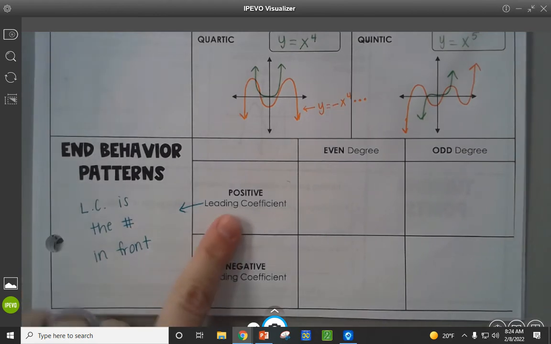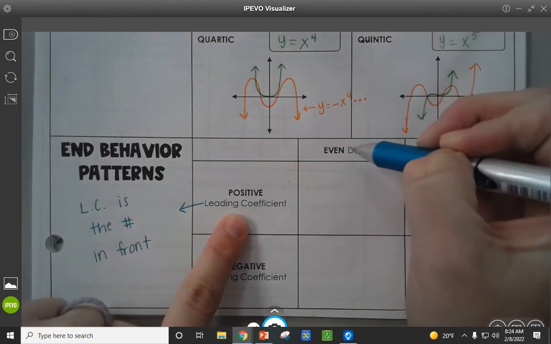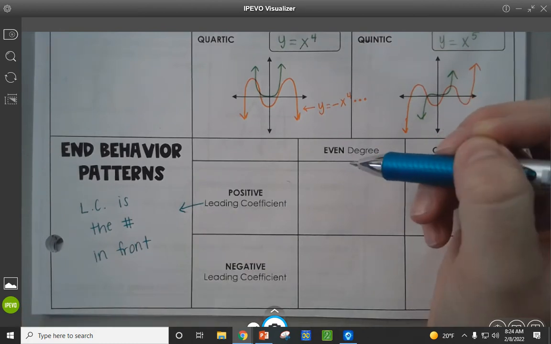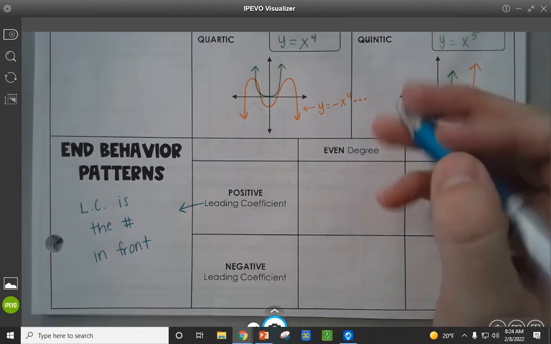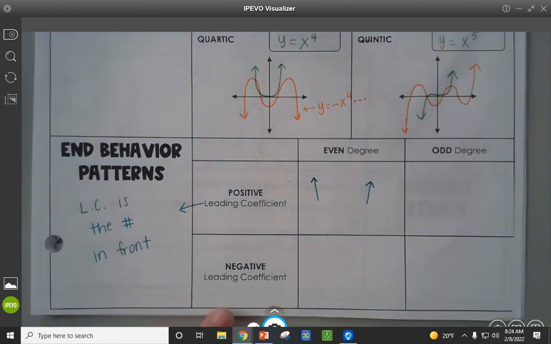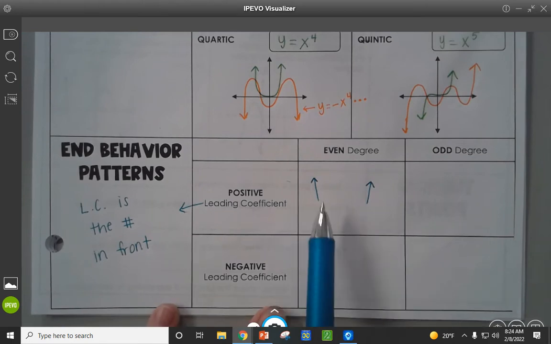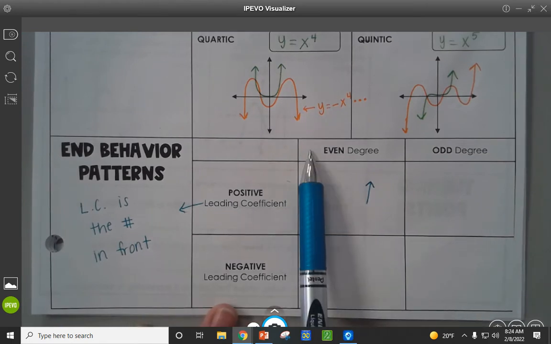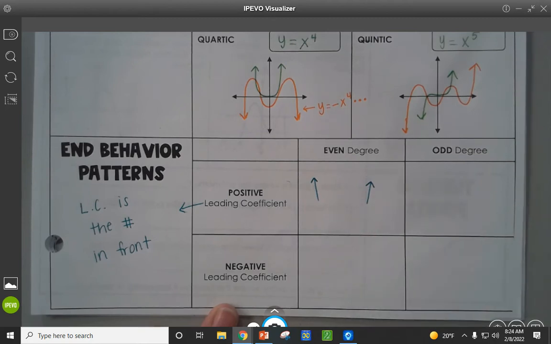So if we have a positive leading coefficient and the degree is even, so like x squared, x to the 4th, x to the 6th, then both sides point up. We would say it rises to the left. If it goes up, it rises. If it goes down, it falls.